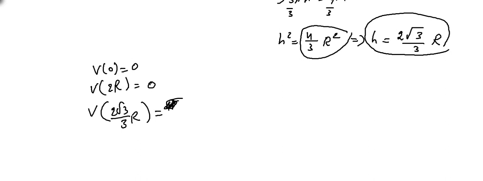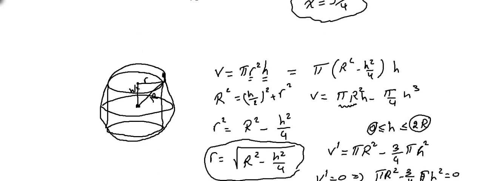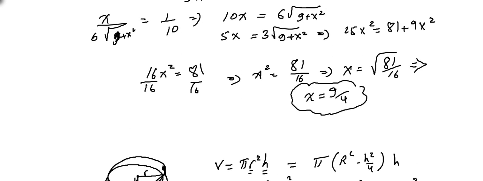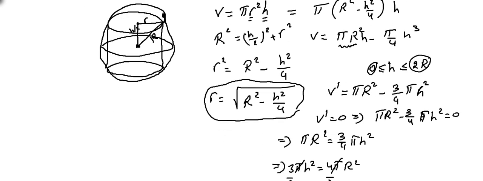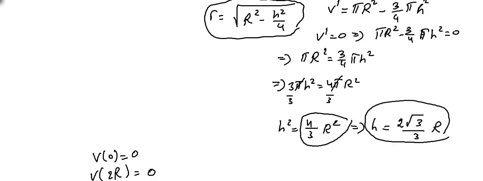Let me substitute it in the original equation. Volume of 2 radical 3 over 3 R. Where's the volume? Volume is pi. Let's substitute it in this one, right? Let's substitute it here. Pi R squared h minus pi over 4 h cubed.